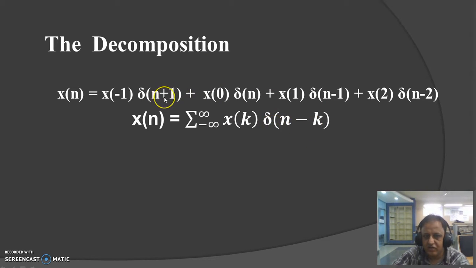If you see, delta is shifting here from -1, and k is shifting here from -1 to +2. So this shift can occur all across from minus infinity to plus infinity. So this is another way in which the discrete time input signal can be represented: x of n is equal to the summation from minus infinity to plus infinity of x of k into delta of n minus k.